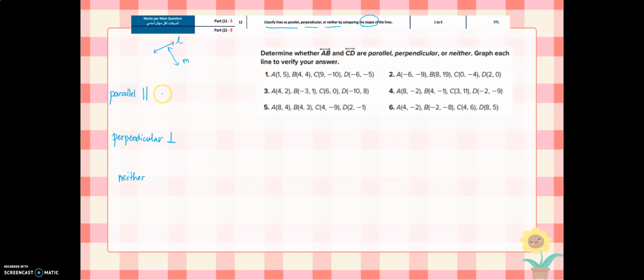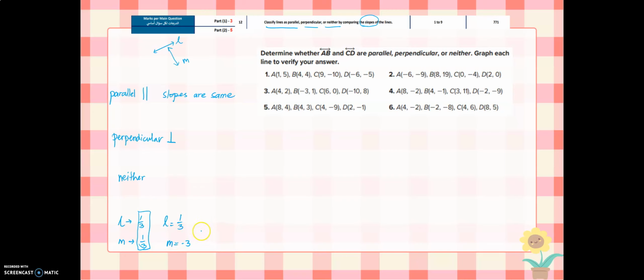We can say that two lines are parallel when the slopes are the same. For example, the slope of L is 1 over 3, and M is also 1 over 3. They have the same slope, so they are parallel. When they are perpendicular, the product of the slopes is negative 1. For example, L is 1 over 3 and M is negative 3.